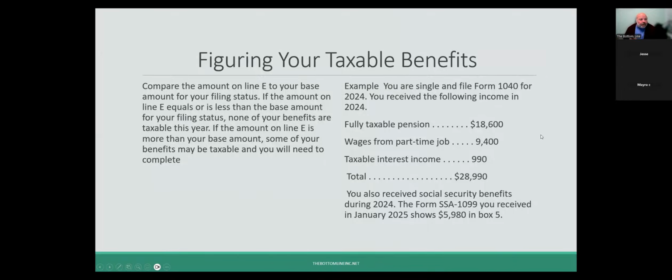So then we go back to line E, which is our base amount. And then we're going to go back to our filing status. If they're single, it's 25,000.